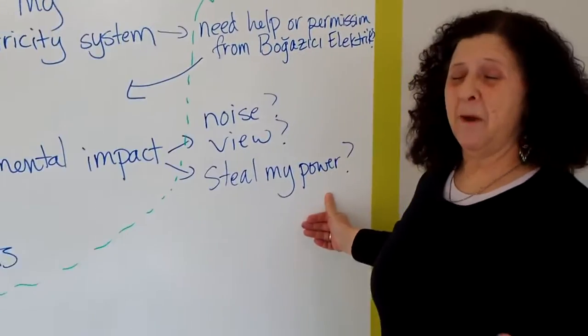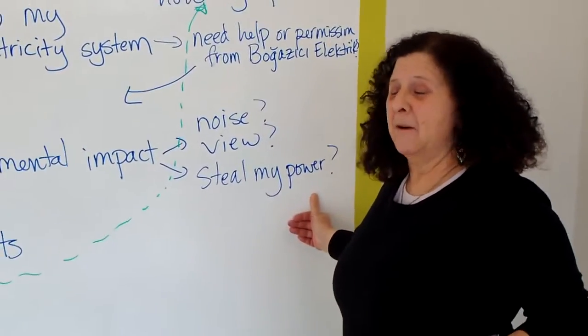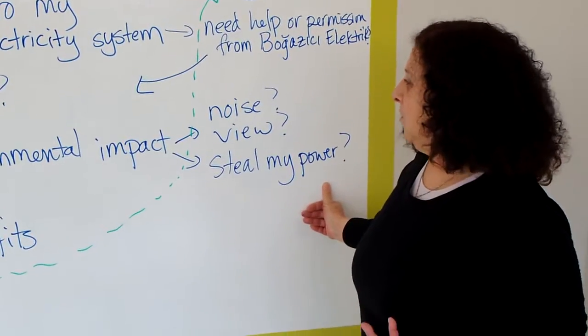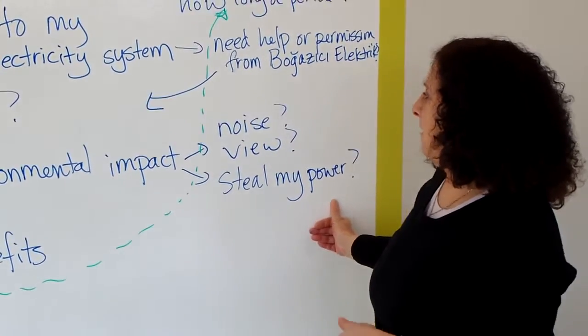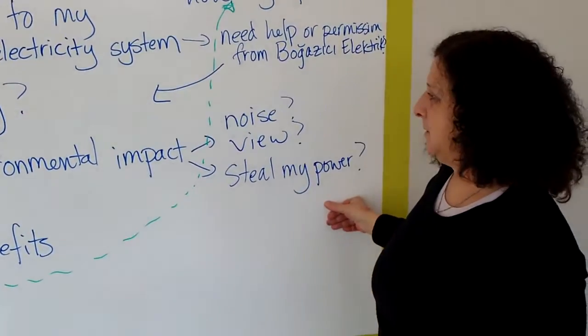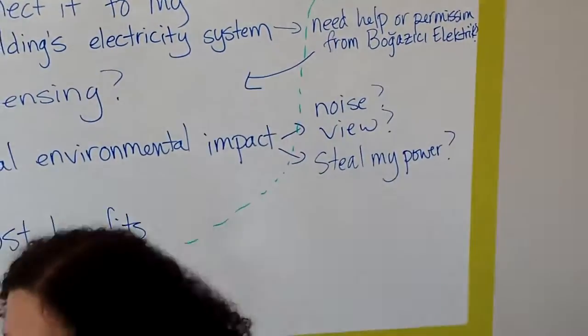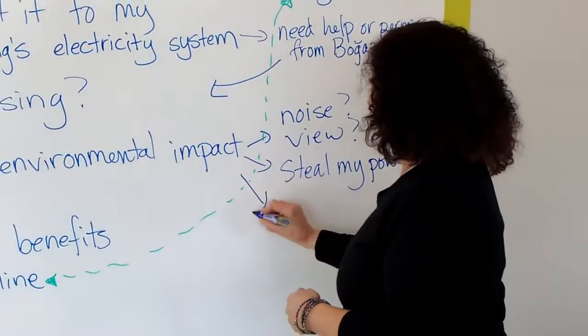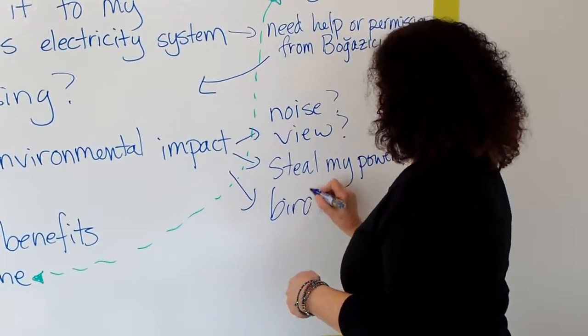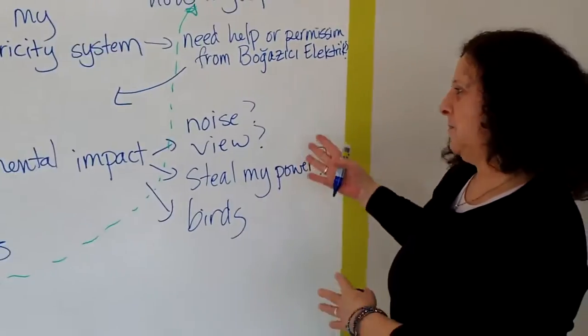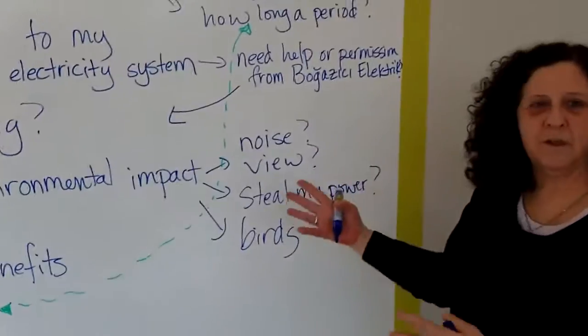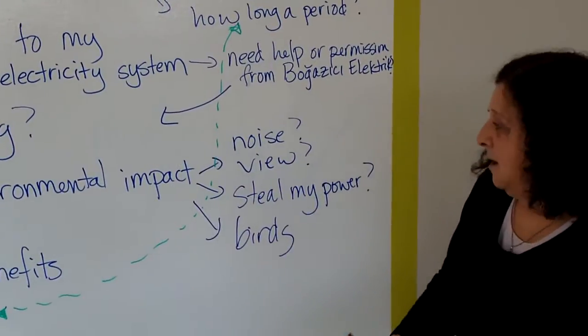Would I have to worry about people stealing my power? And how would I control those things? And if these would create problems, I thought of another one, which would be birds getting stuck in the turbines. So I would have to find out how people deal with these problems.